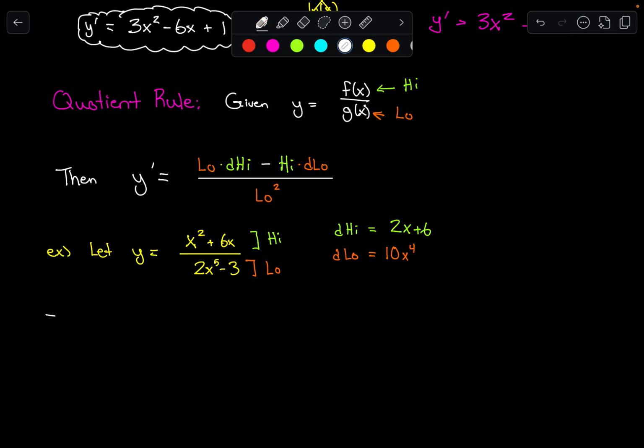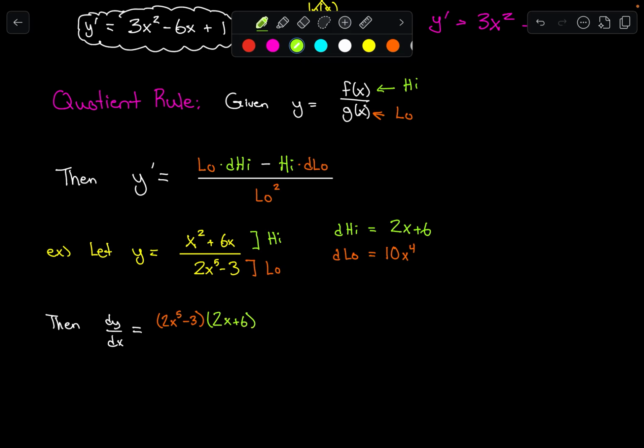And so then we can just say dy/dx, the derivative of this function with respect to x, is going to be low d high minus high d low, all over low low. So I'm going to write that down. We're going to do low, 2x to the 5th minus 3, times the derivative of what was on top, which we already have prepared, 2x plus 6.